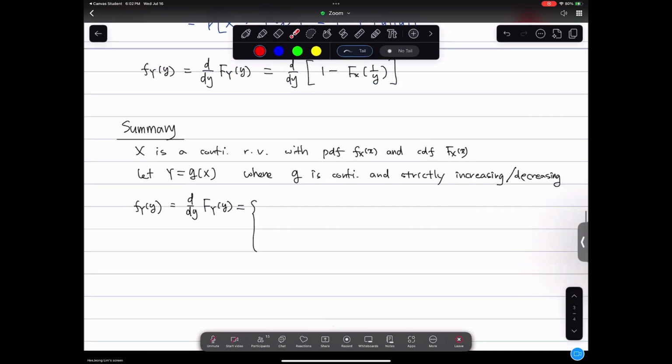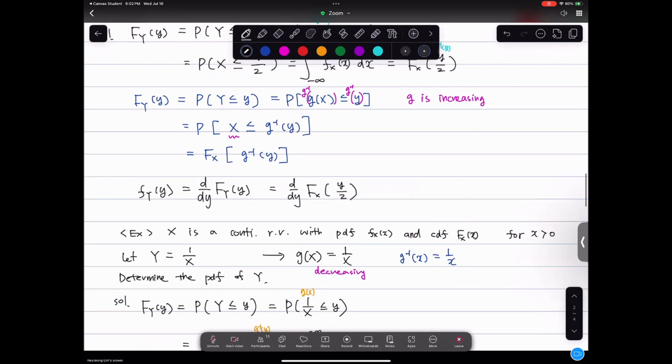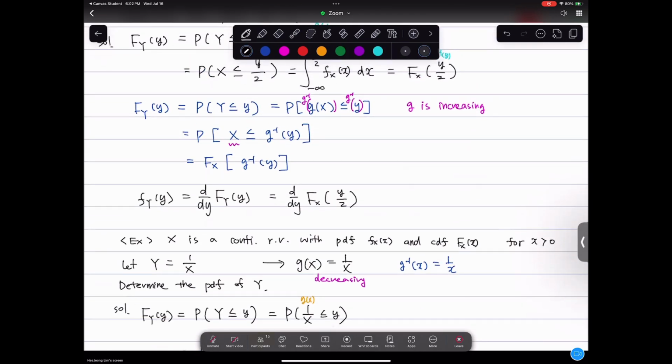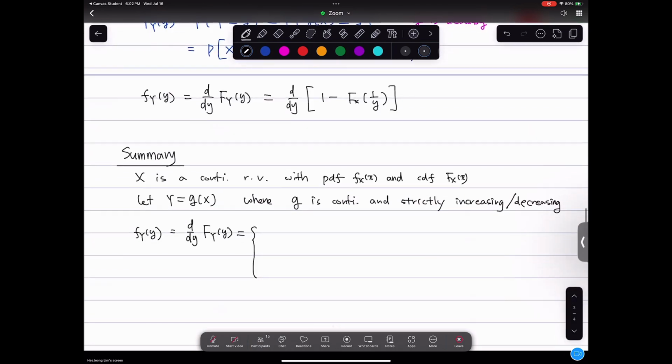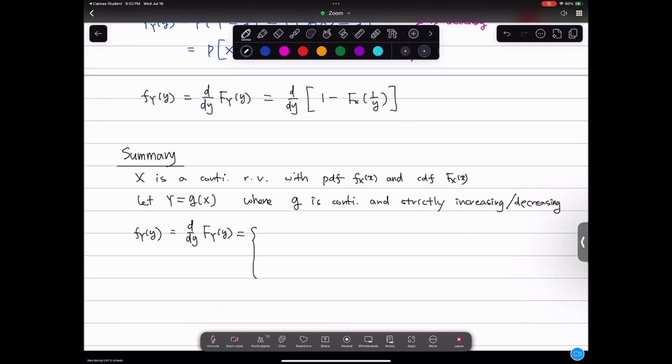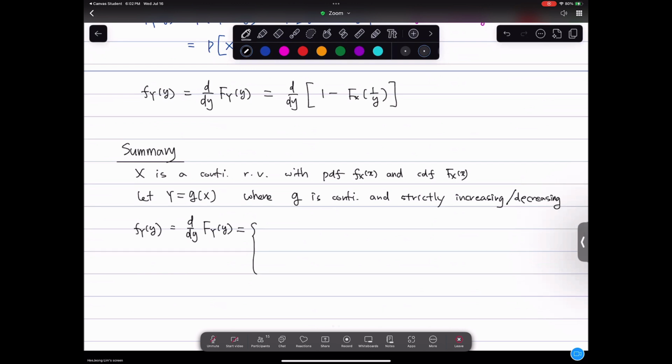So when I do the derivative for increasing function, so use the chain rule, you get the derivative of this big F becomes PDF of x. So I'm getting the derivative. Let's do it over here. Let's write it properly.